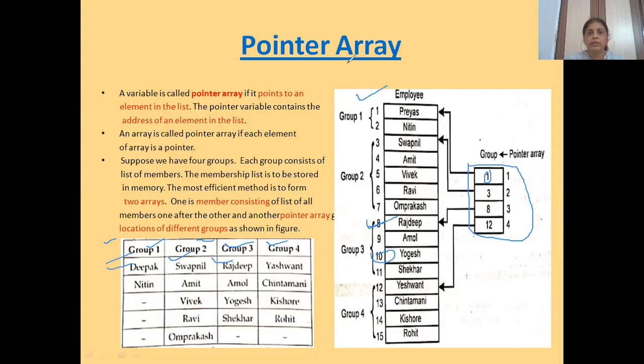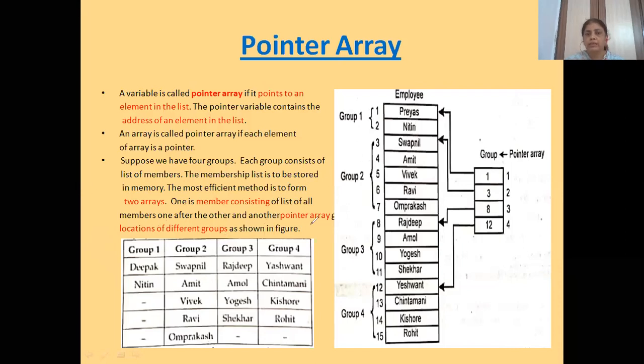So understood this concept, this example that we have taken, 4 groups, and उसका जो starting address, जैसे अभी first group is starting from 1 and it has 2 elements, Prayas and Nitin. Okay, so second group is starting from serial number 3: Swapnil, Amit, Vivek, Ravi, Om Prakash. So these are in group 2.